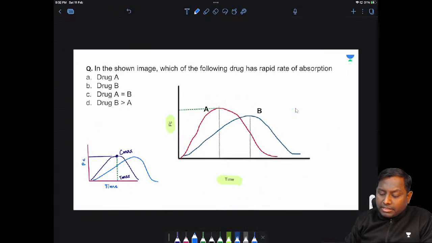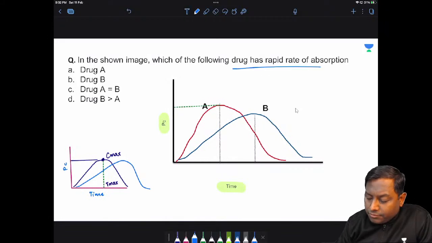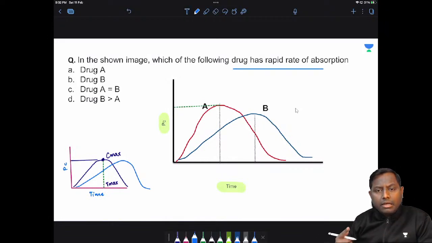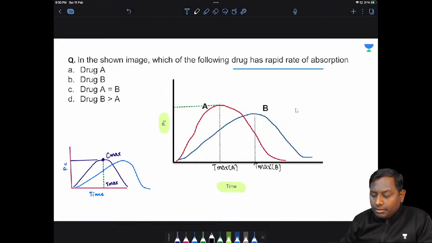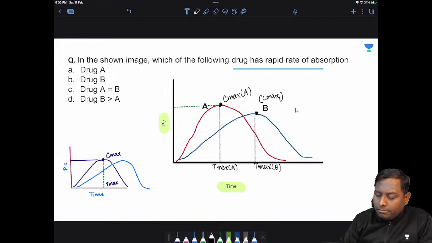So if the examiner is asking rapid rate of absorption, so whenever they are going to talk about rate की बात जहाँ कहीं भी होगी, immediately क्या होगा? टाइम की बात आएगी, इमीडिएटली टाइम की बात आएगी. ठीक है. Now इसका Tmax देखिए, A का Tmax ये है, Tmax of A, and this is the Tmax of B. This is the Cmax, that is concentration maximum of A, and this point here is the concentration maximum of B. I hope it is making sense to all of you.